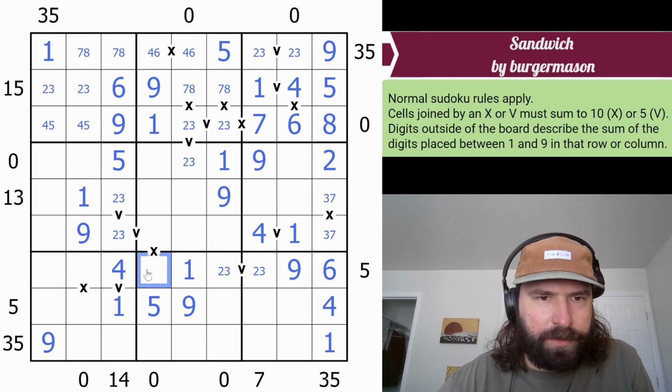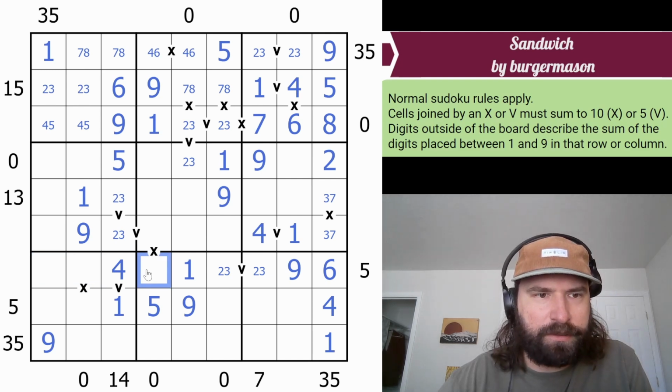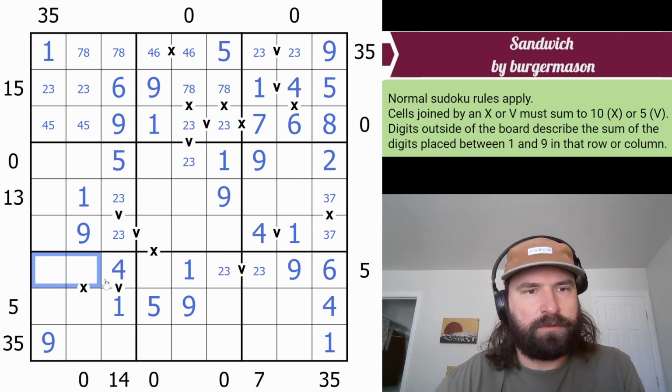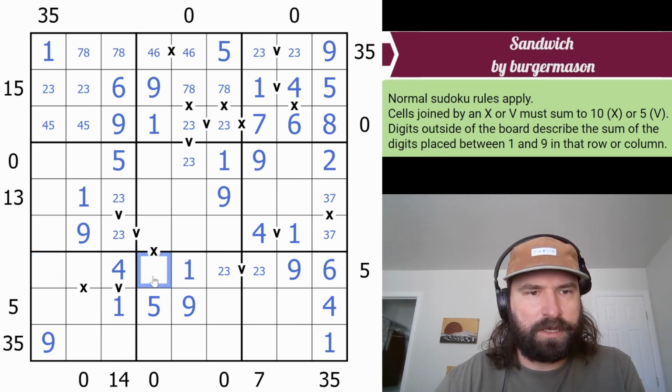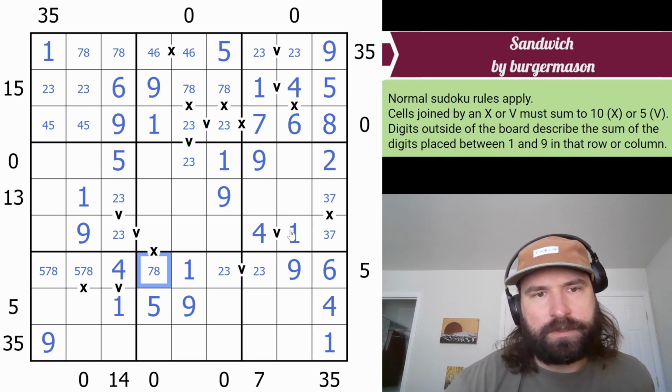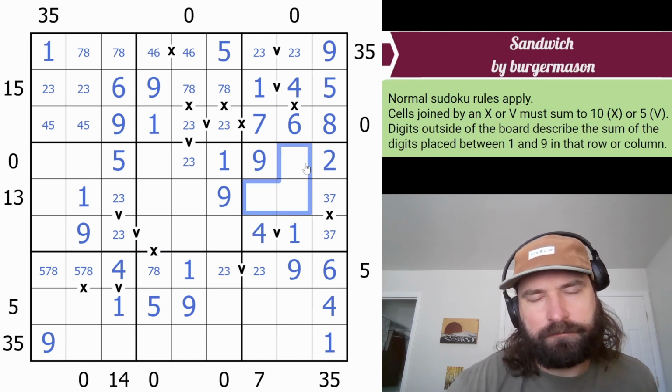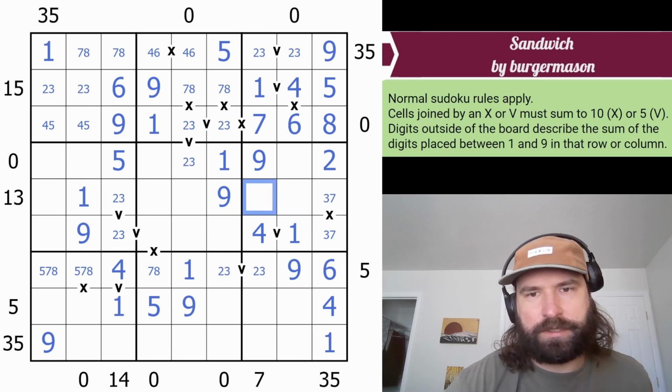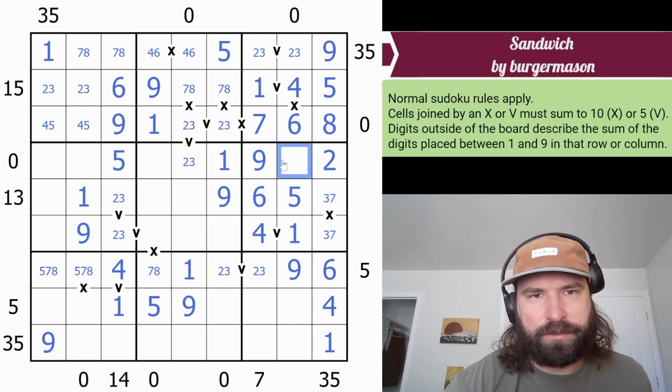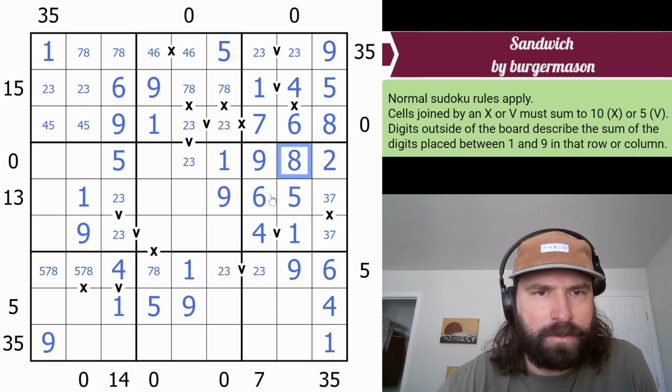All right, we got 1, 2, 3, 4. We need a 5, a 7, and an 8 in this row. This can't be a 5. What else we got? 3 numbers left in here: 5, 6, 8. 6 goes here, 5 goes here, 8 goes here. Oh, 2's looking at this.